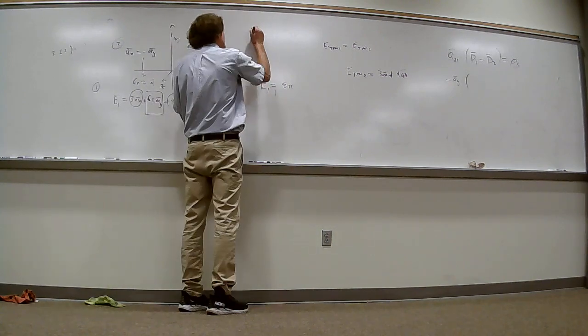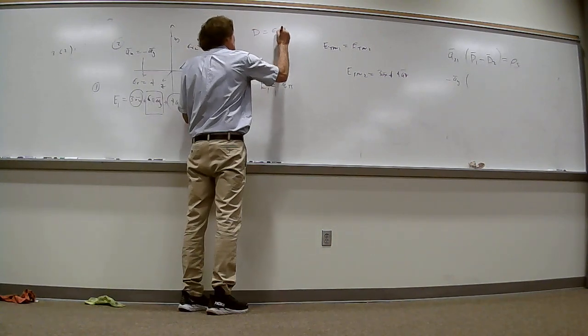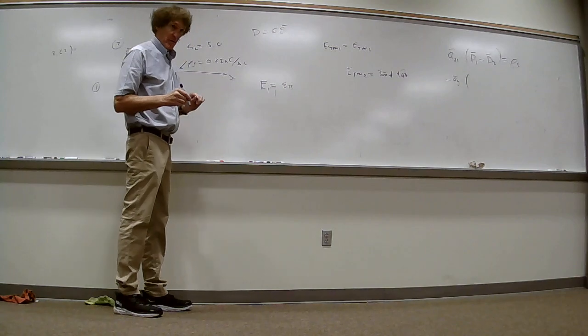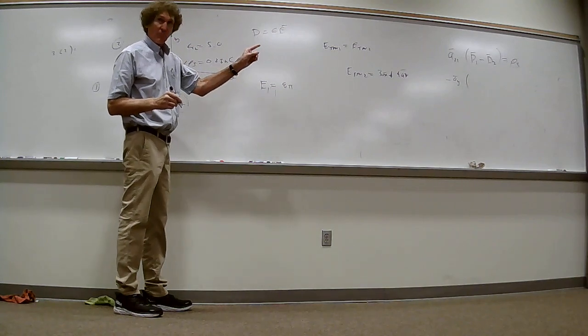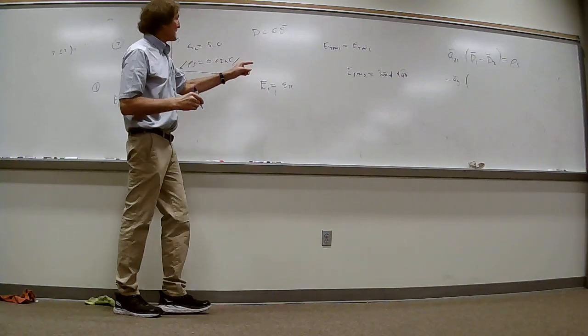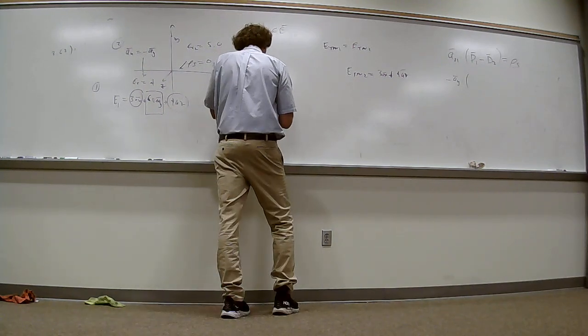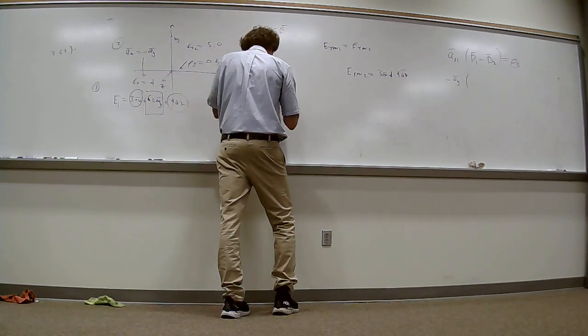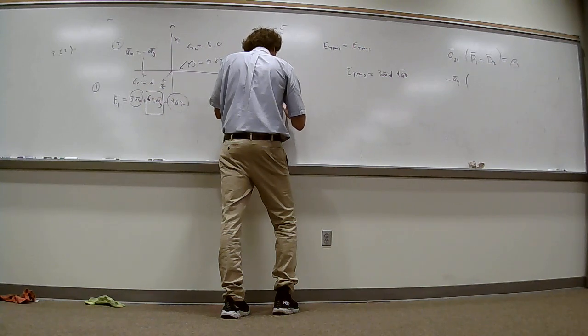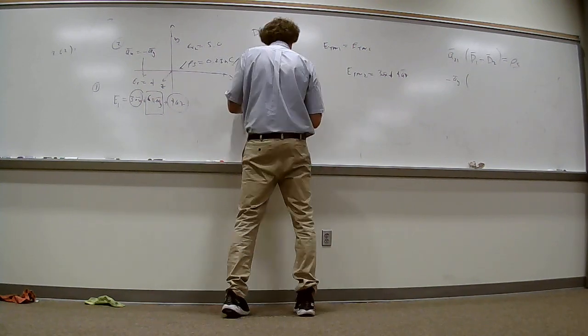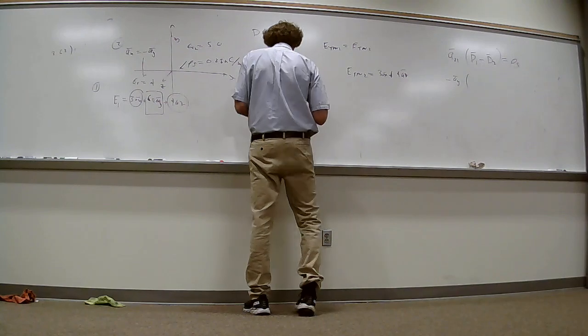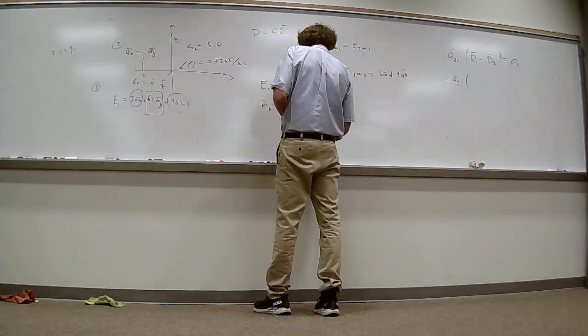And you remember that D is equal to epsilon E in general, correct? We need the D field. So if we need a D field, we can say the D field in region 1, that's normal, is going to be this E field times epsilon relative in region 1 times epsilon naught. So that E field is going to be 8 pi.